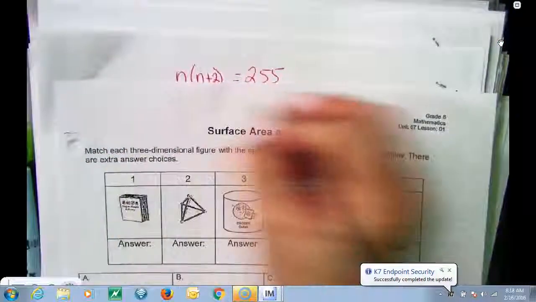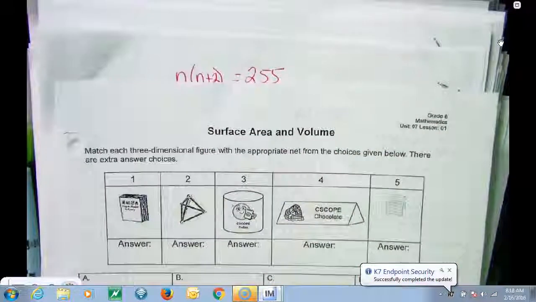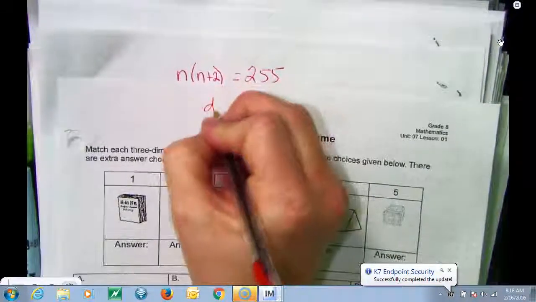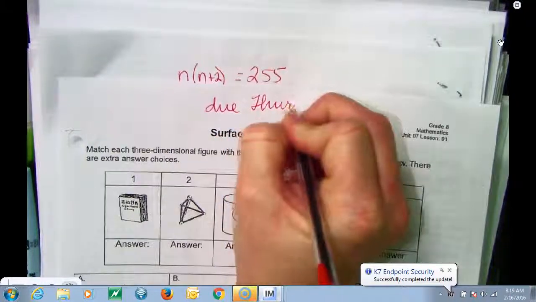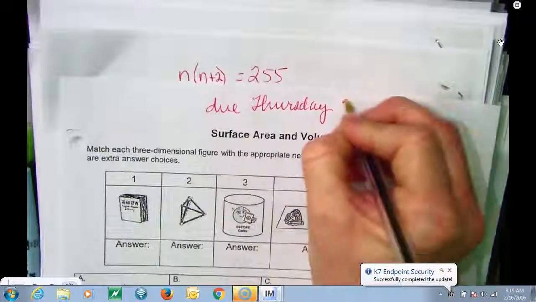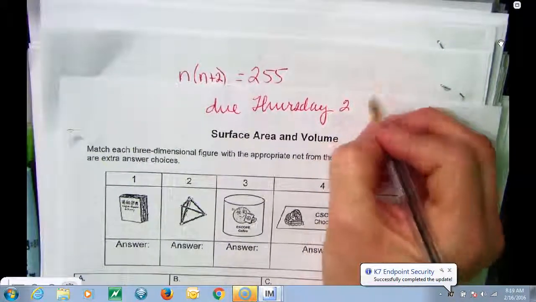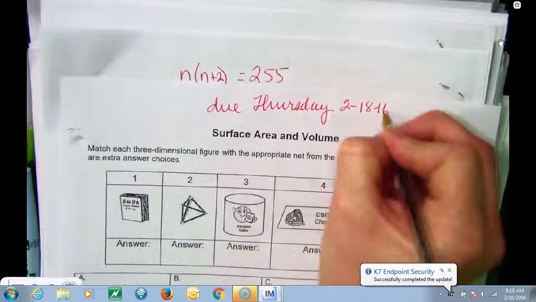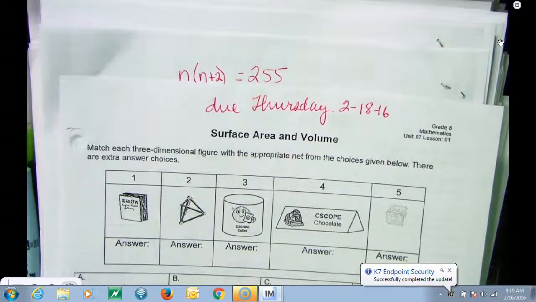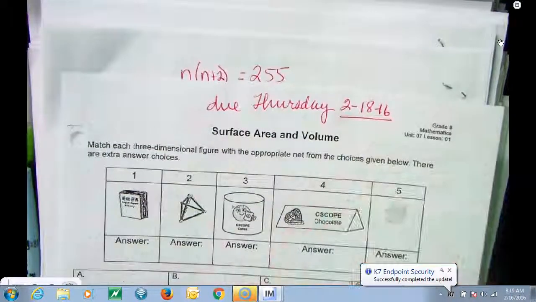Write your name, number, guys, we've been having a big problem with people not getting stuff turned in. You just kind of take your time, forget about it, don't come in. So this is due Thursday.